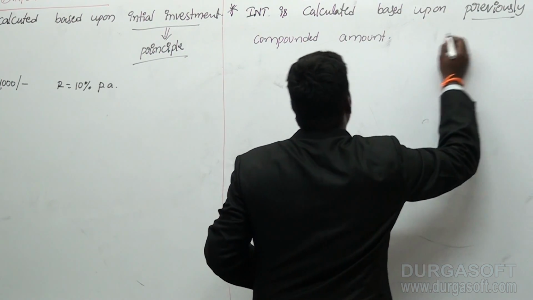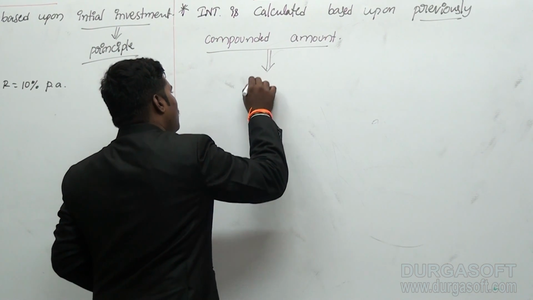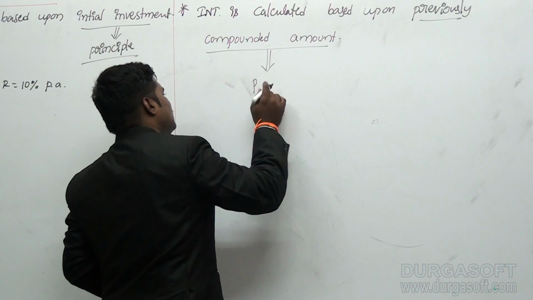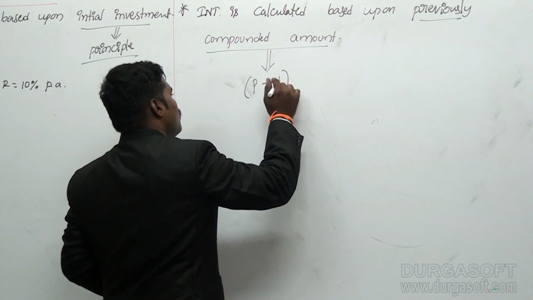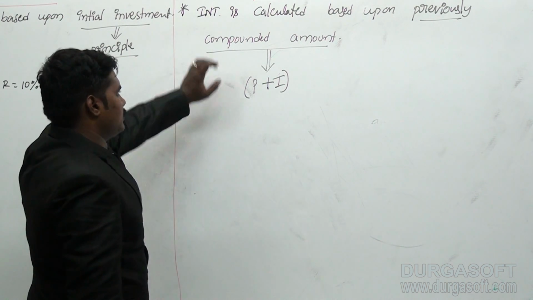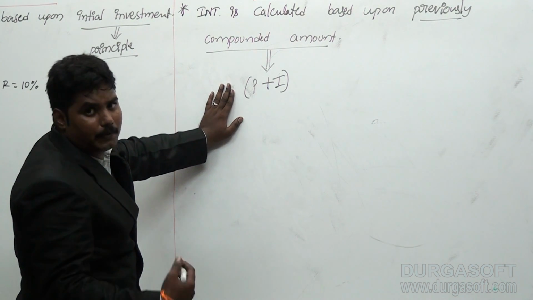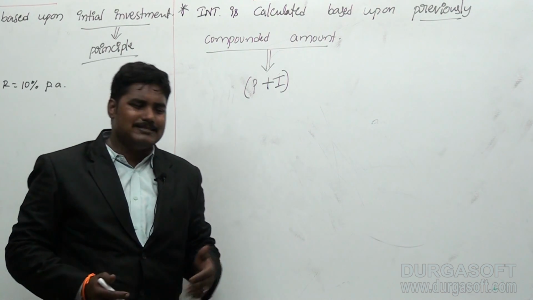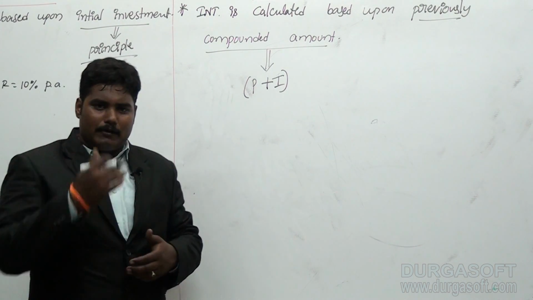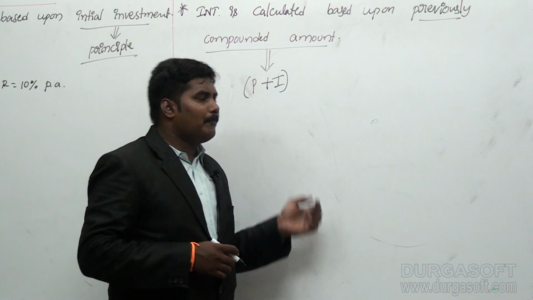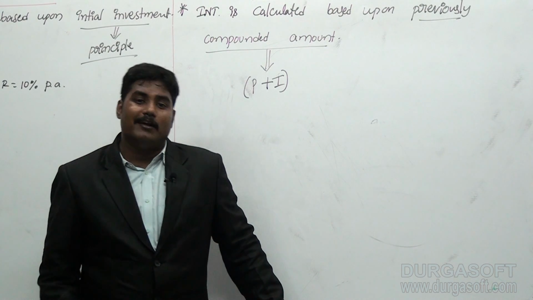This previously compounded amount means principal plus interest, principal is indicated as P. Principal plus interest is nothing but compounded amount. Interest must be calculated every time based upon the previously compounded amount. Compounding means previous amount plus interest, every time previous amount plus interest. That means compound interest is nothing but interest on interest.